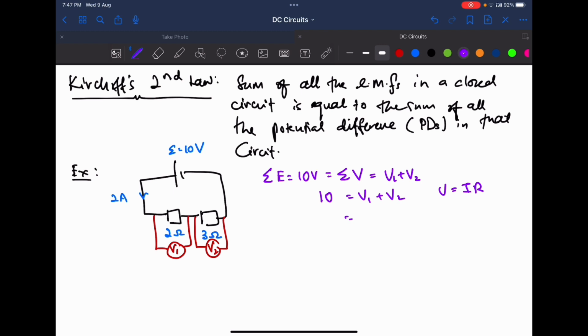So I is the current, 2 ampere, times 2 ohms plus 2 ampere times 3 ohms. So 4 plus 6, so 10 volts equals 10 volts. That means the EMF equals the total potential difference. So we can use Kirchhoff's second law to find the individual potential differences. So this will be 4 volts and 6 volts respectively.